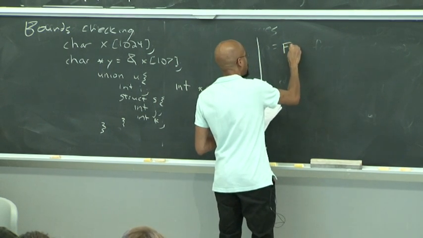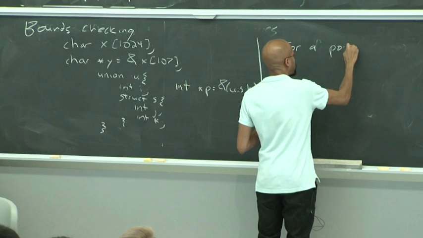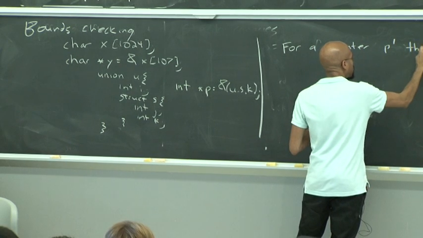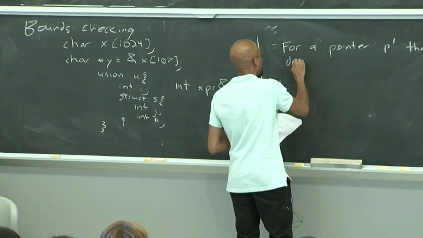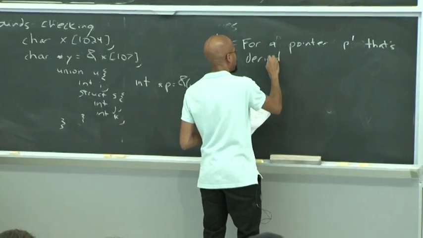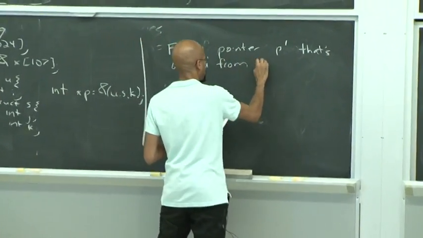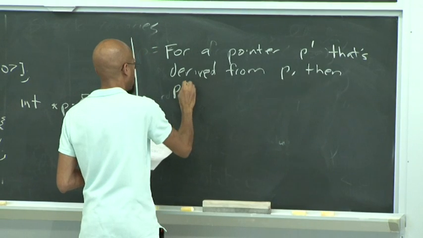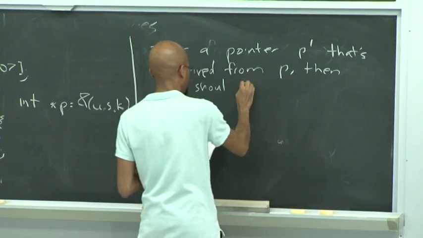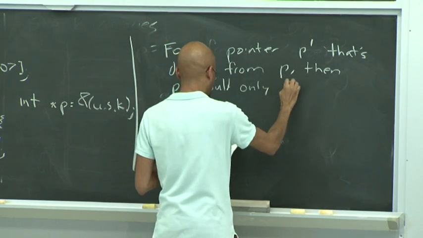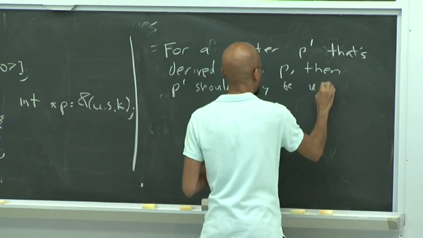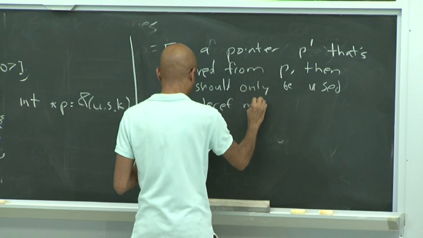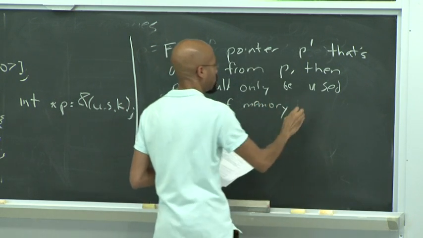If you have a pointer p prime that's derived from a base pointer p, then p prime should only be used to dereference memory that belongs to the original base pointer.